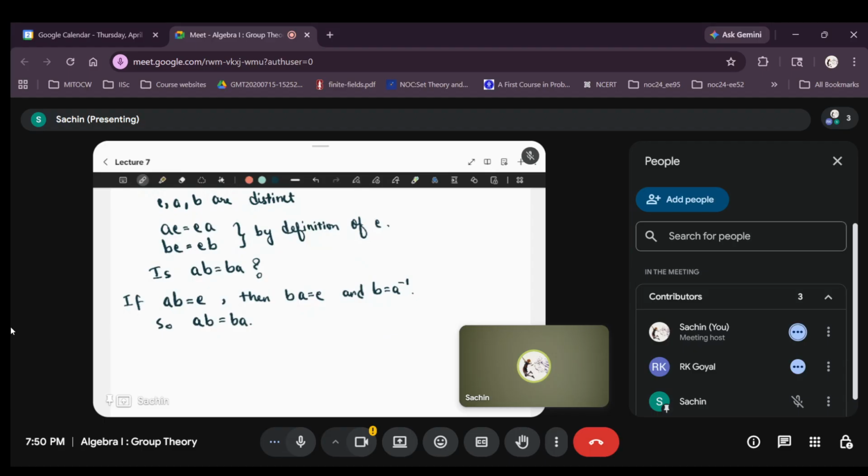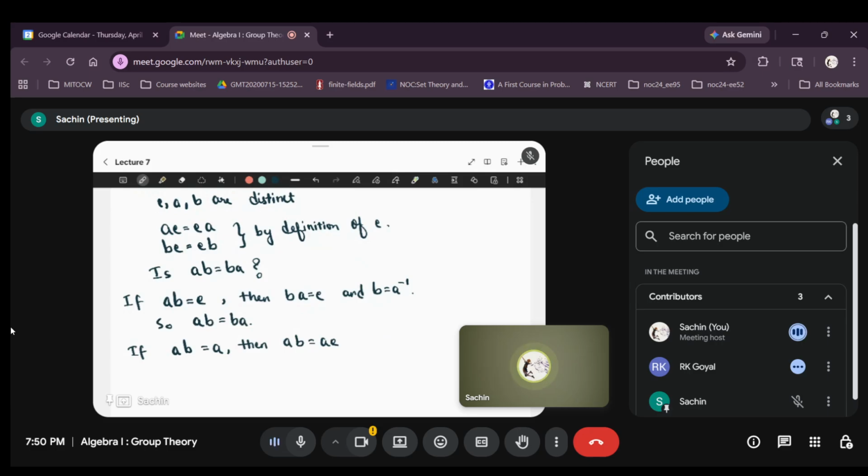That means both are equal to E. Under this, if AB is equal to E, then AB is equal to BA. We'll do the other case. If AB is not E, then it has to be A or B. If AB is equal to A, then we can write AB equal to AE.